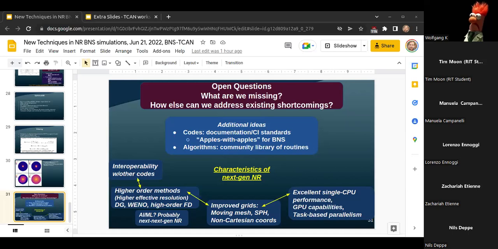I'm facing some problems: RAM is crashing for some reason, but I'm hoping to have the results soon, so we can see whether you get the same results in the two codes as you crank up the resolution, or whether some numerical choices affect the results even at very high resolution.